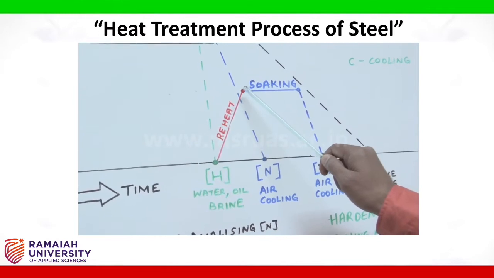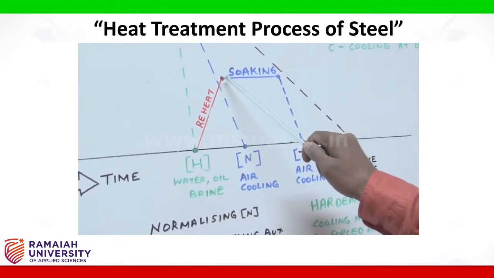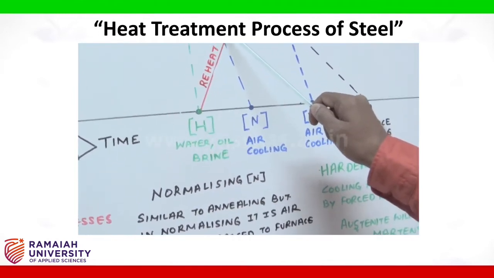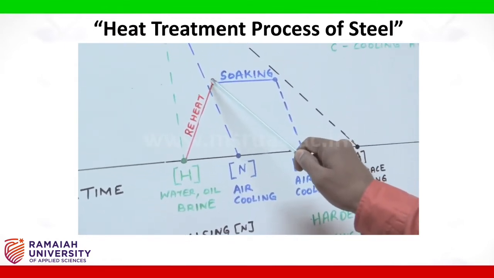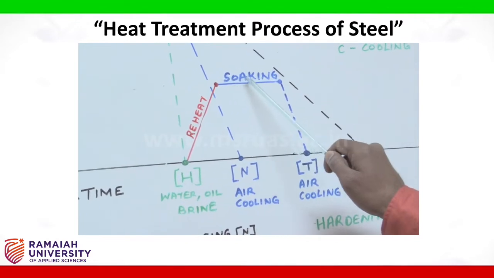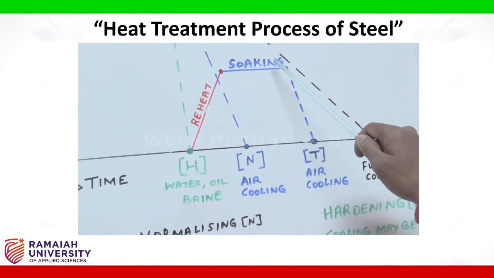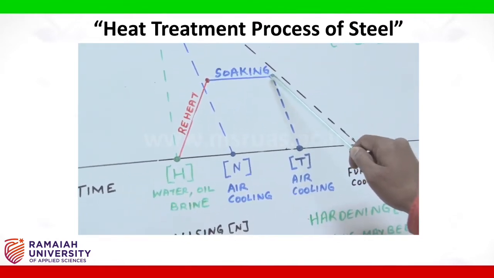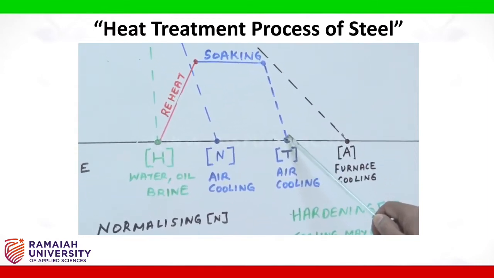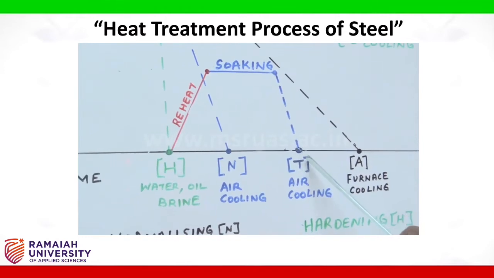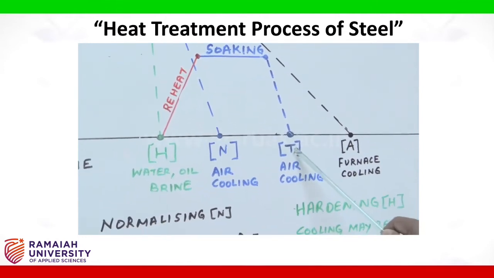Maybe above 200 degrees centigrade, but less than 700 degrees centigrade. Based on the requirement of the application, it has to be reheated. After reheating, again the soaking operation has to be carried out to obtain homogeneity, and then it has to be air cooled by keeping it in the atmosphere. Then we get the T, that is the tempered sample.